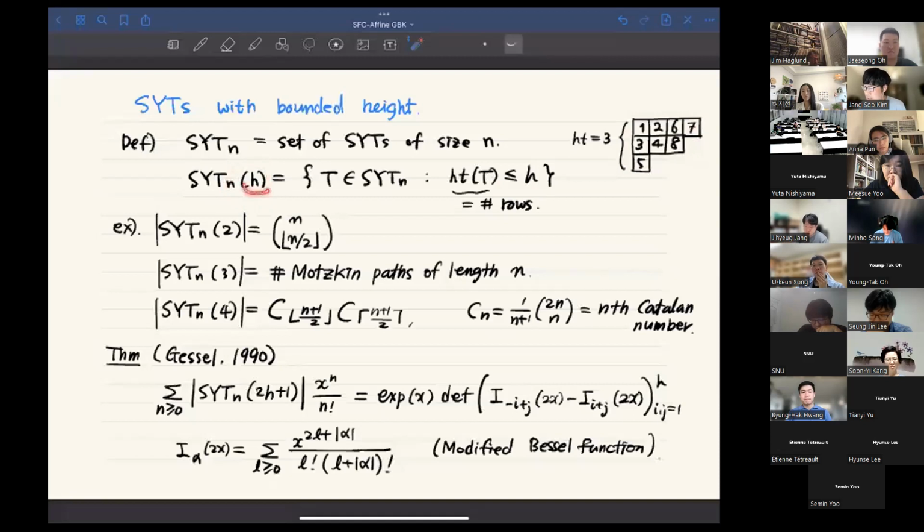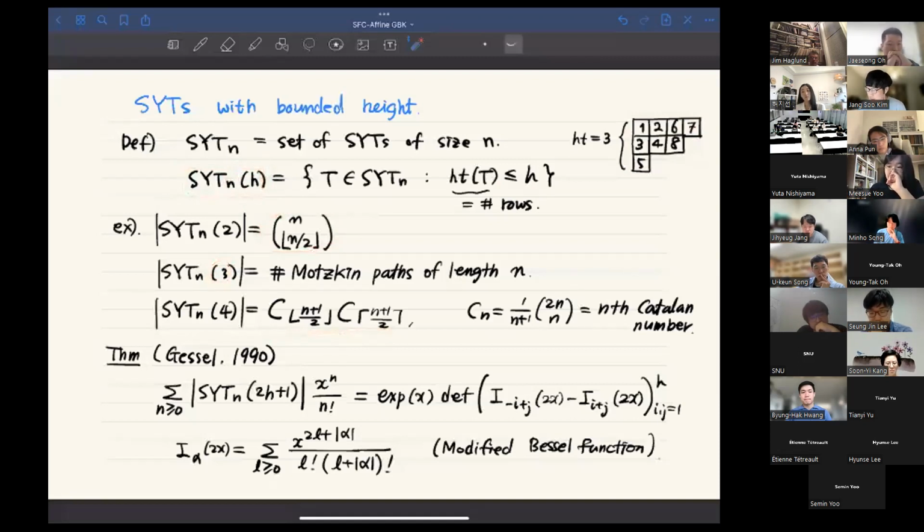And for small h, the cardinality of this set has a nice description. For example, if h equals 2, this is the central binomial coefficient. If h equals 3, it is the number of Motzkin paths of length n, and if h equals 4, it is the product of two Catalan numbers. But if h is bigger than 4, it's not as simple as this.